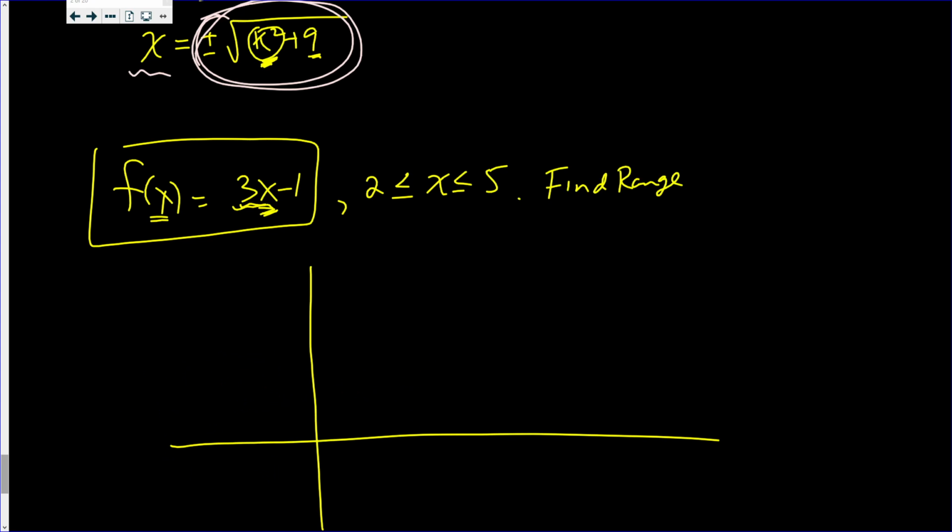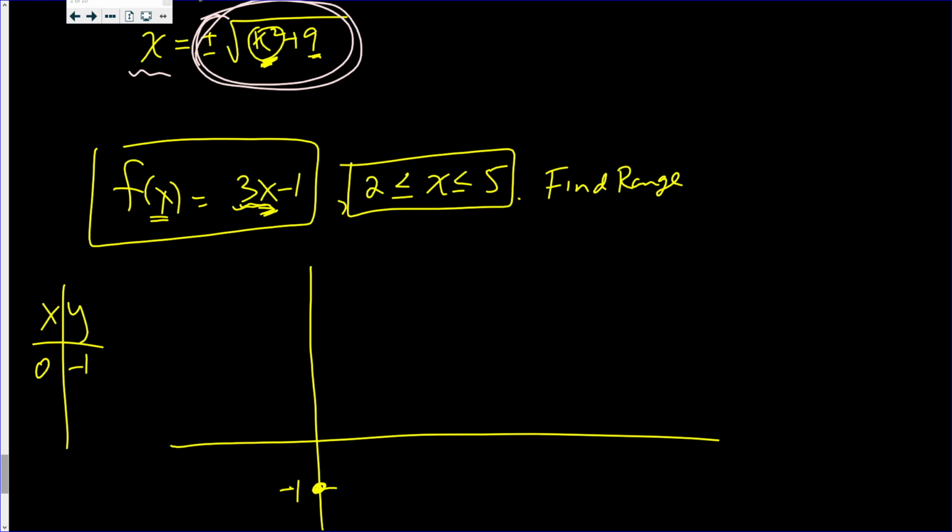Now people may tell you, oh, maybe we make our XY chart. People will say, oh, you must pick X values between 2 and 5. Sure you do. You can pick any value. I pick 0, I get -1. So that's 1 point. But now this only works if you're using graph paper.